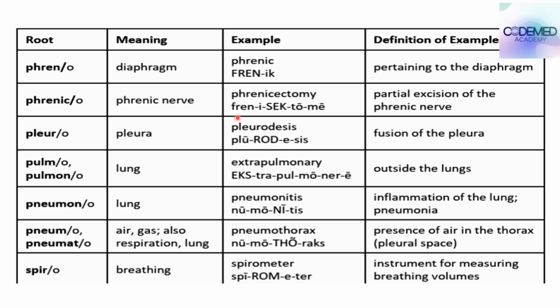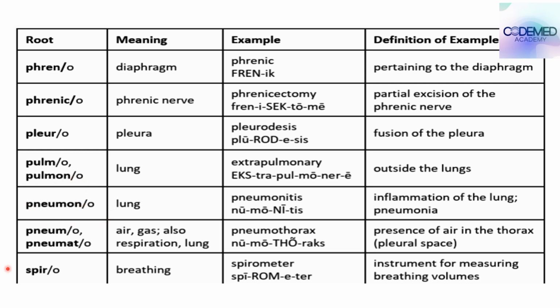Then the pleura: pleurodesis is the fusion of the pleura. If I use the word arthrodesis, I am talking about the fusion of the bone. Now, the lung: extrapulmonary, outside the lungs. The lungs are also called pulmon, and also pneuma.